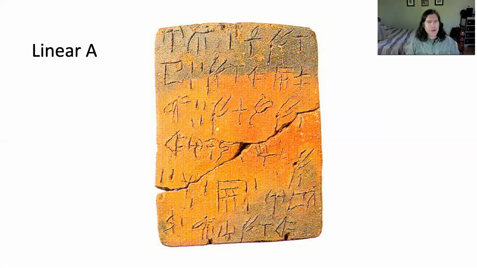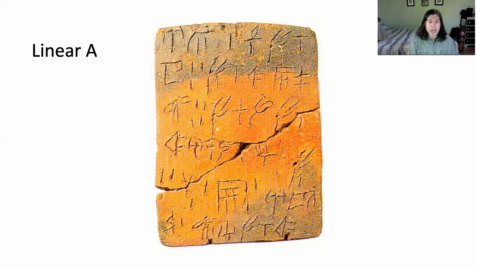Now, you might ask, well, what makes a culture Greek or not Greek? And the answer is very simple. We describe a culture as being Greek if they speak some form of the Greek language. And the Minoans did not. They spoke a Semitic language, so a language that was related actually to Hebrew, not related to the Greek language.